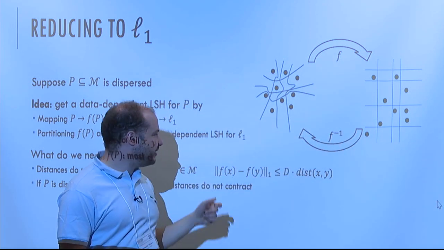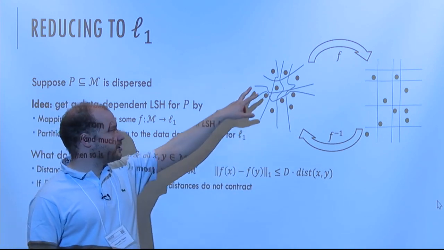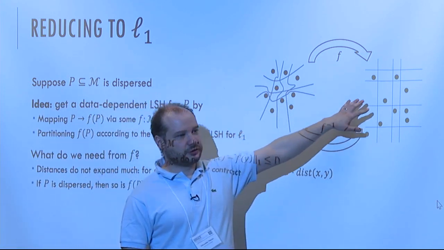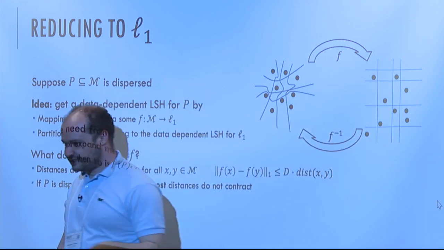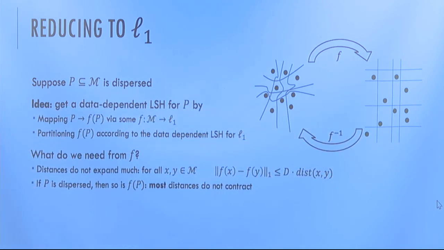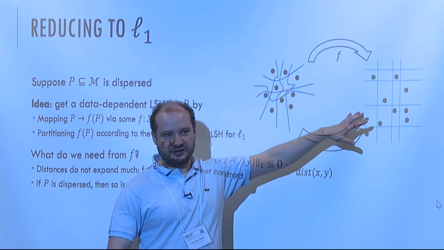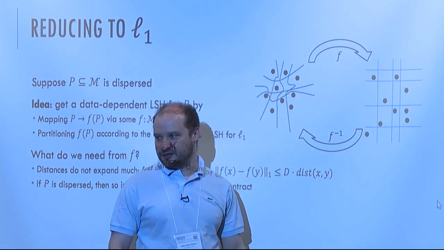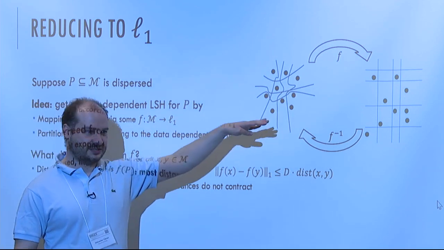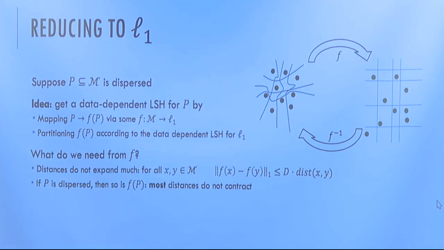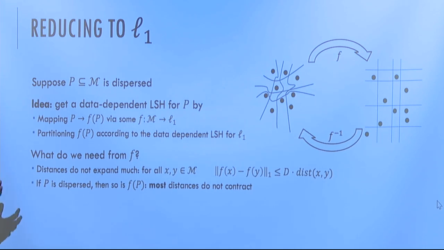If my embedding doesn't expand distances too much, then points that are close here are somewhat close there. And I know from the guarantees of regular LSH in L1 that points that are somewhat close have reasonable probability of colliding. So in one direction, it's enough to just not expand distances too much, which is not surprising, right? Usually all these things are preserved under bi-Lipschitz embeddings.